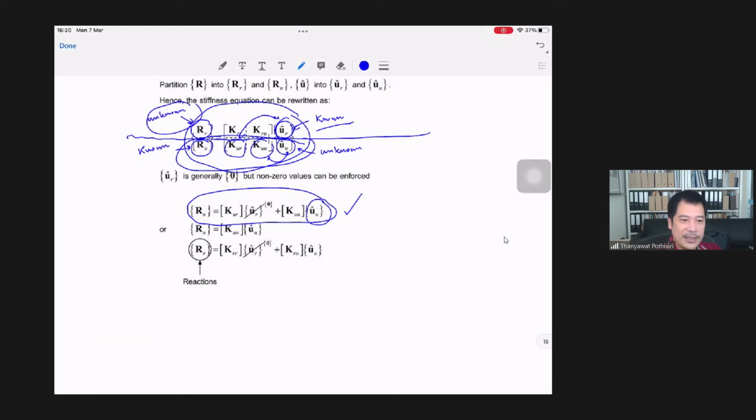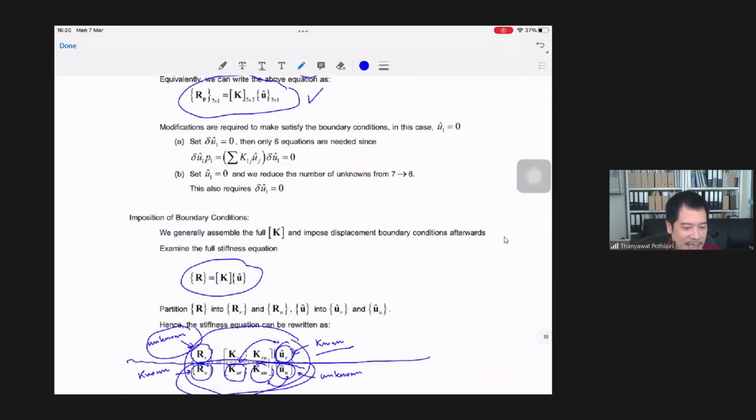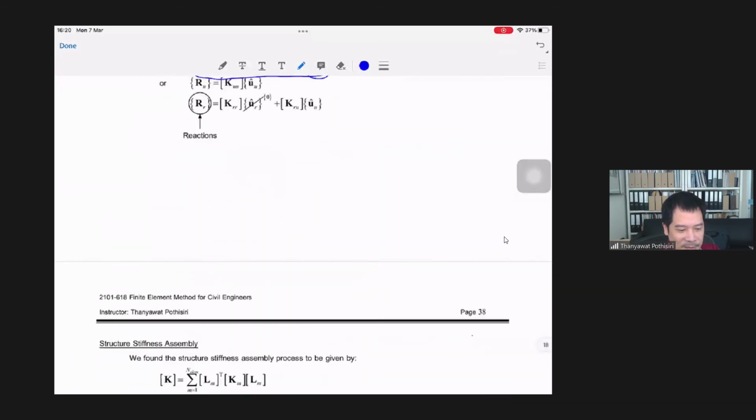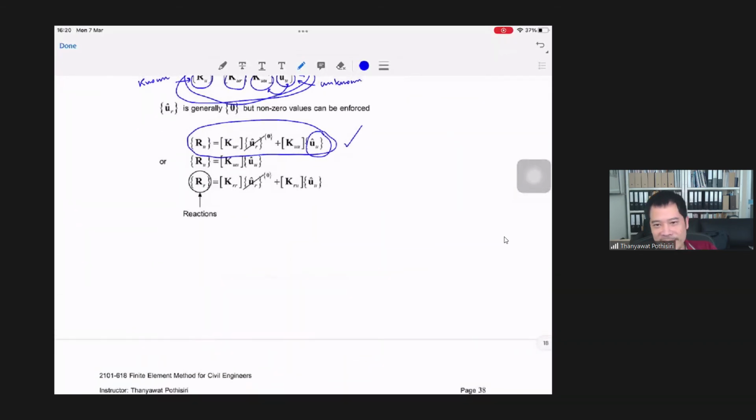All right. So this looks good on paper, right? Using the connectivity matrix and then solving the system of equations by partitioning the matrix into different parts.